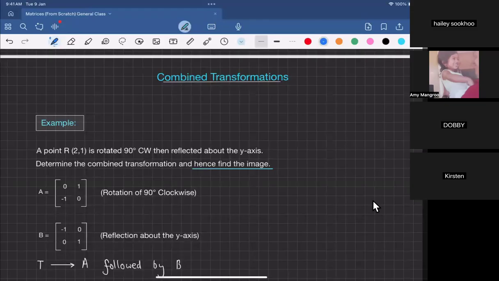So, Kiera, what's a transformation? Describe it to me in terms of the square. It is basically when you move a shape, like you alter it. So, what are the types of transformations that you know?